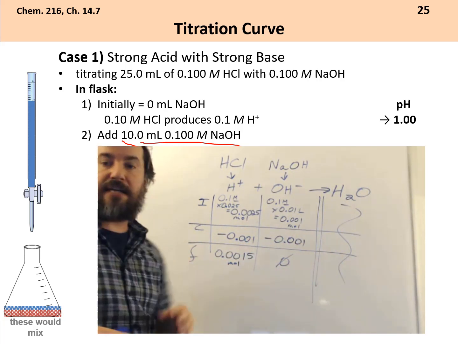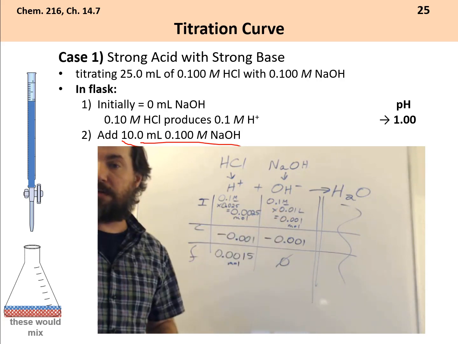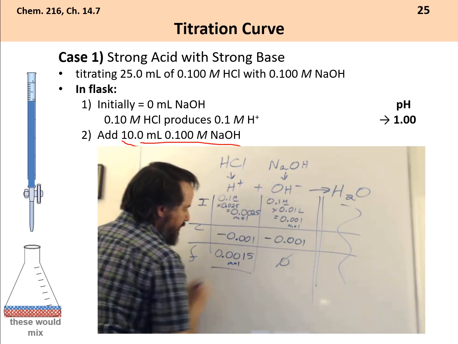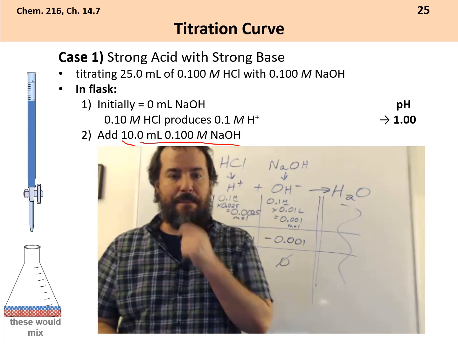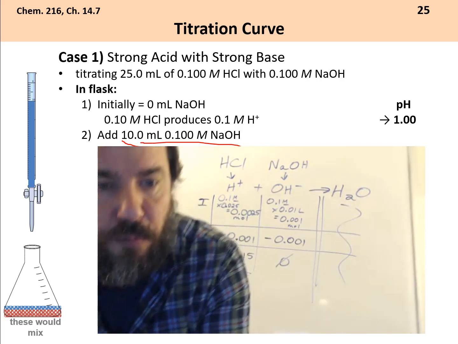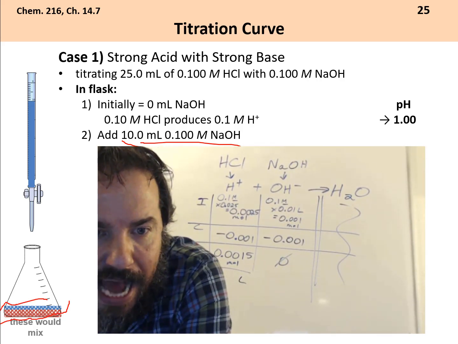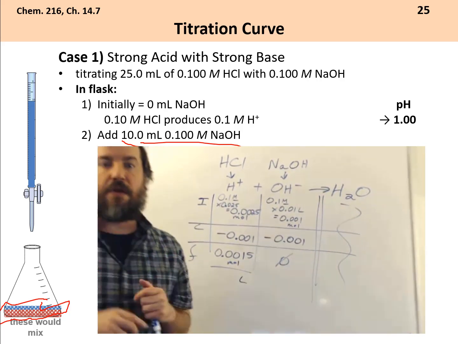I could find that by figuring out the concentration of this, then the concentration of this. But I can go ahead and take this divided by my volume. Notice that picture I have on the bottom right. I've taken my acid and I've added in base. So what's my new volume here?